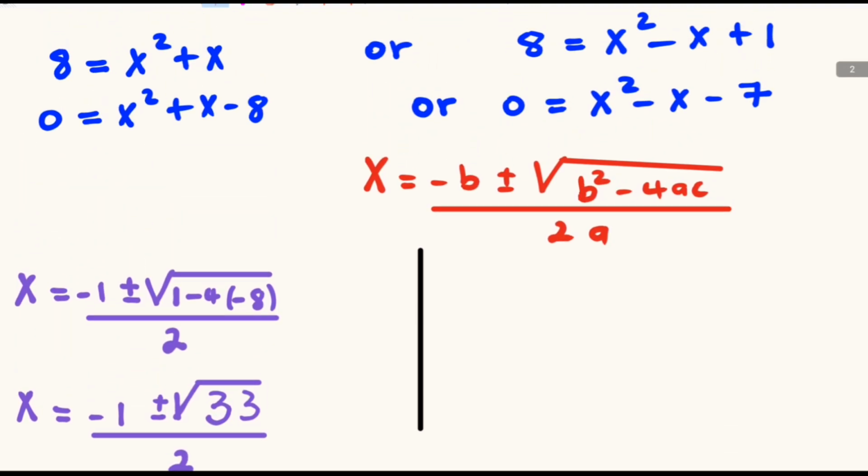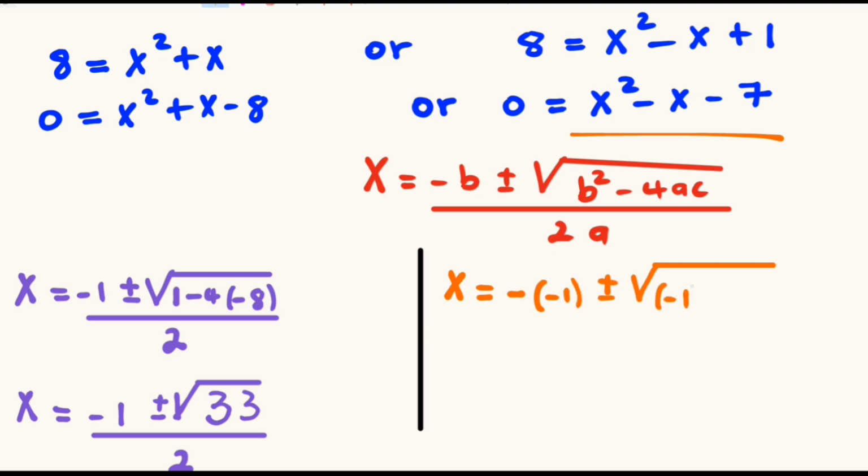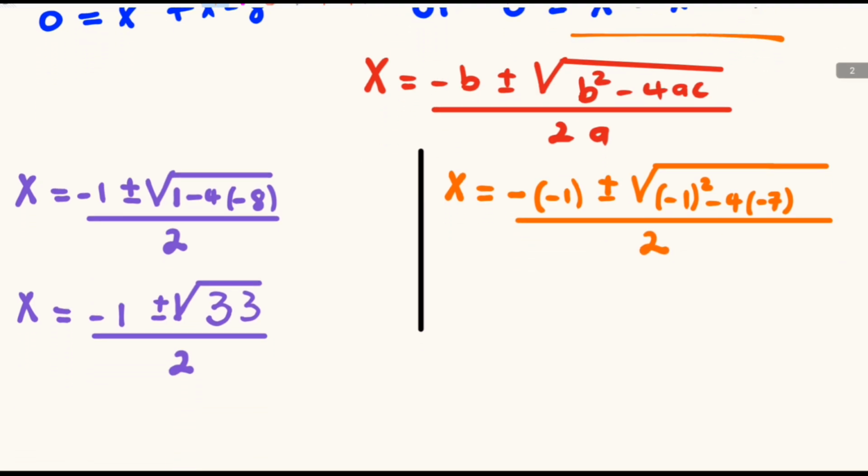On this side, we have x equal to negative b, so our b in this equation is equal to negative 1, plus or minus the square root of negative 1 squared minus 4a. Our a is equal to 1, and our c is equal to negative 7. We are dividing through by 2 multiplied by a, and our a is equal to 1.